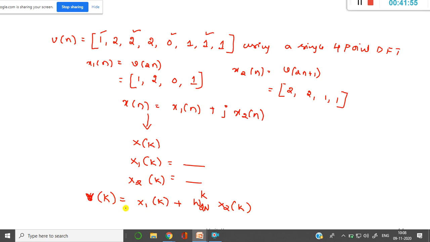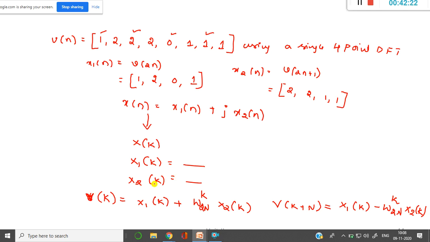And v of k plus n, the next half of the values, is x1 of k minus w2n to the power of k times x2 of k. So this is the formula to find the first half and the next half.